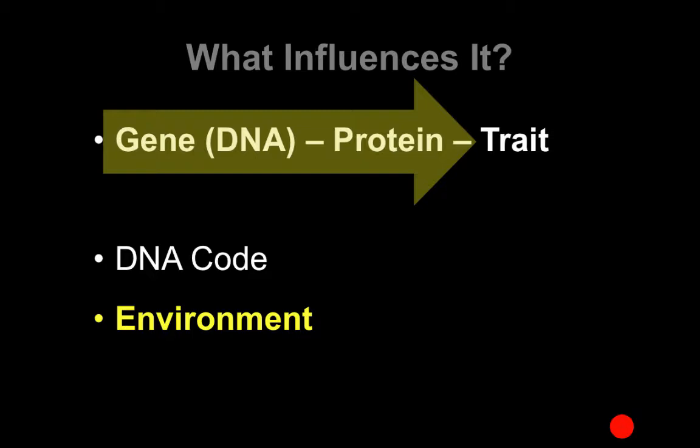You can see this in everyday life, especially with identical twins. Identical twins do not look exactly the same because they have not had the exact same environmental influences. They have the exact same DNA, but they don't end up having the exact same traits because of the environmental influences on gene expression.